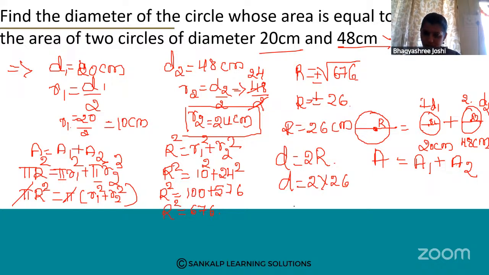Consider this as capital D or else small d. 2 into 26 is 52 centimeters. So this is the diameter of the big circle, or you can call it the diameter of the circle.